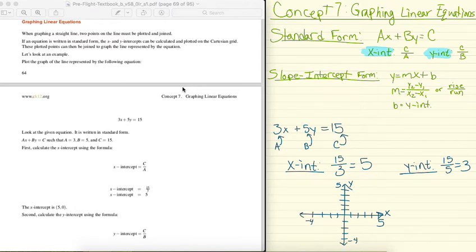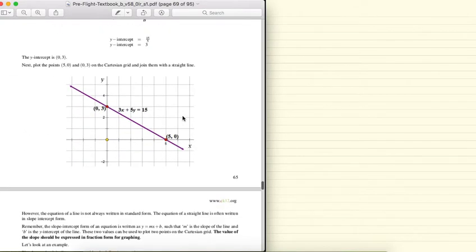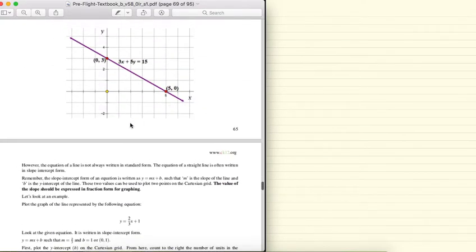I can plot points at 3 on the y-axis, 5 on the x-axis, and I can connect them in as straight of a line as I can draw and get my graph. So we can use that bit of a shortcut to then graph these when they're in standard form. And that's the first thing that this goes through. And you can see the graph there.